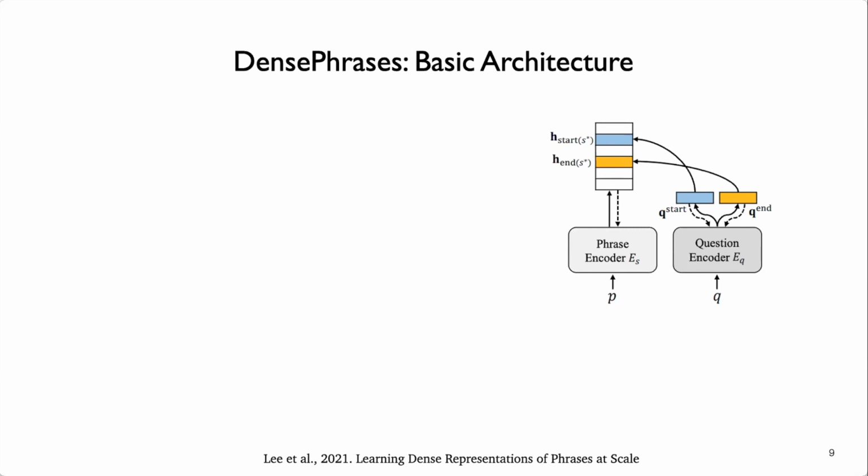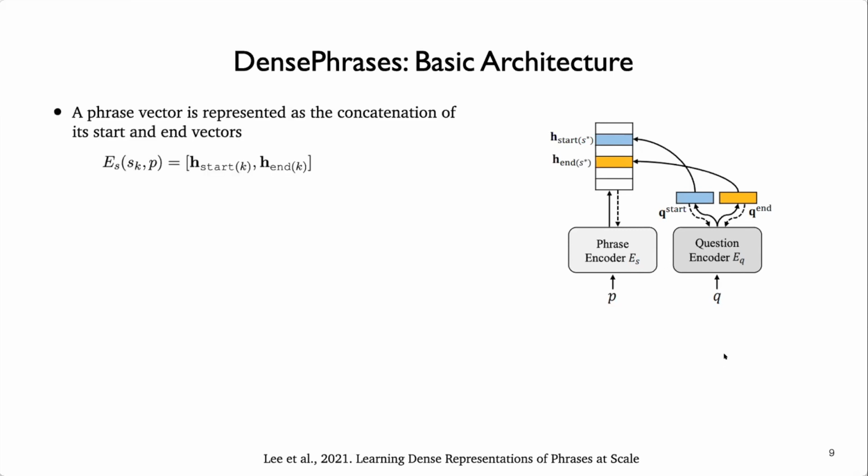Let me start from the basic architecture of DensePhrases. As you can see from this figure, our goal is to learn a phrase encoder and also a question encoder. We first take a piece of text and pass it into a phrase encoder, and then we get a sequence of contextualized vectors. Then we represent the phrase vector as a concatenation of start and end vectors.